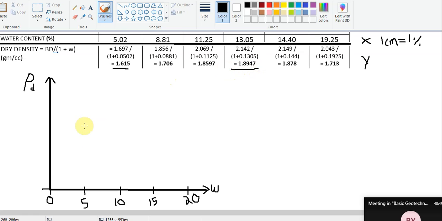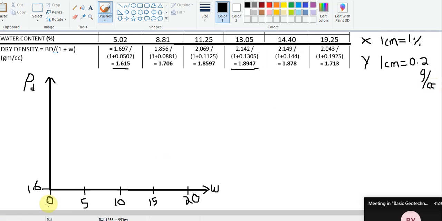So I'll start from 1.6. Okay, and let's say I'll take 1 centimeter is equal to 0.2 gram per cc.